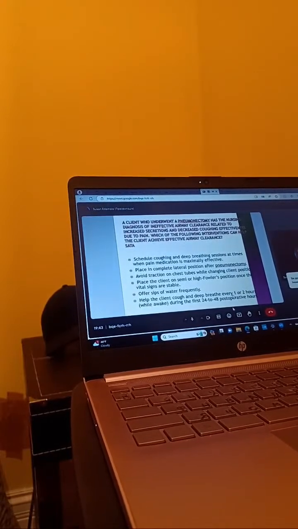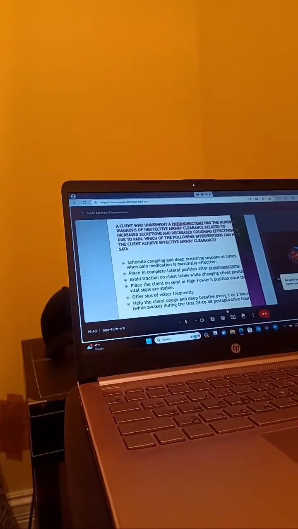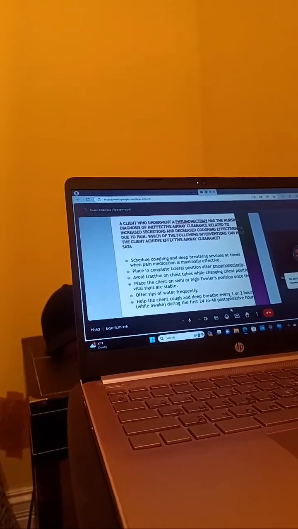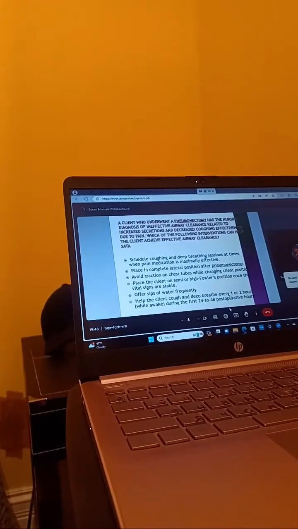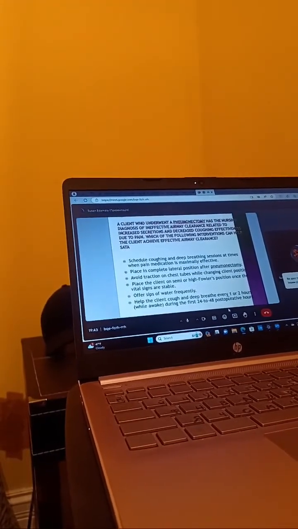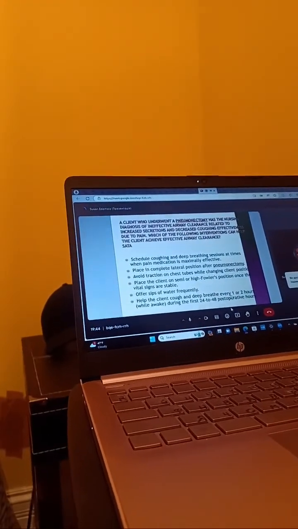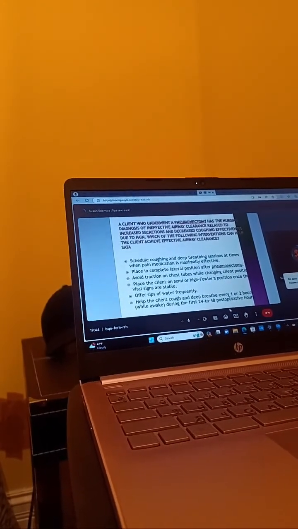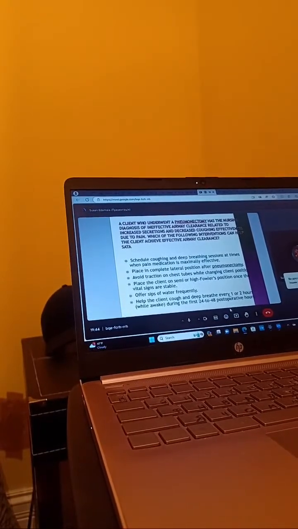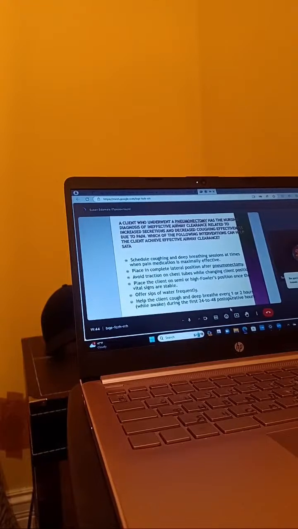So, pneumonectomy. What is pneumonectomy? Ectomy means the cutting out of part of the lung. So the client had a pneumonectomy, which means part of the lung has been removed.